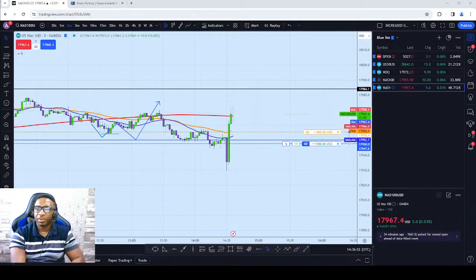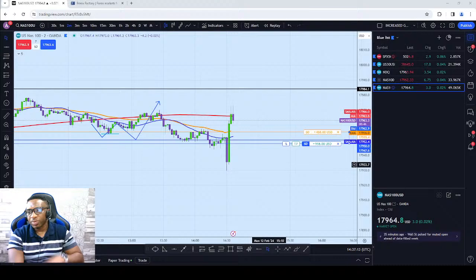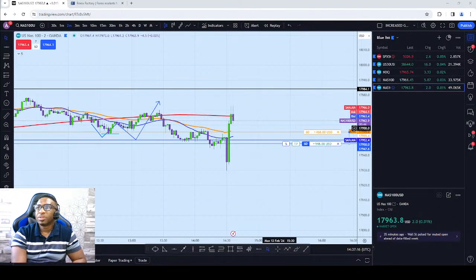So price is currently holding at the 200 moving average level. We'll see how it plays out. Currently in break even.